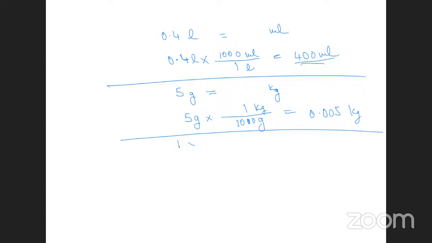Okay, yards to centimeters. Again you write yard at the bottom, centimeters at the top. That is if they have given the conversion from yard to centimeters. So let's see the conversion.